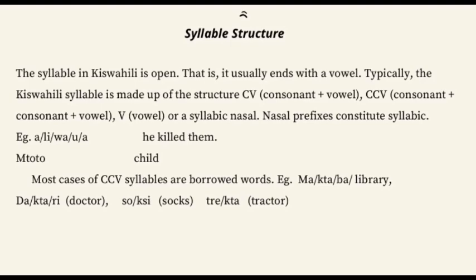Typically, the syllable structure is made up of a consonant and a vowel. Sometimes you can see 2 consonants and a vowel. Other times you can see only 1 vowel making up the syllable.